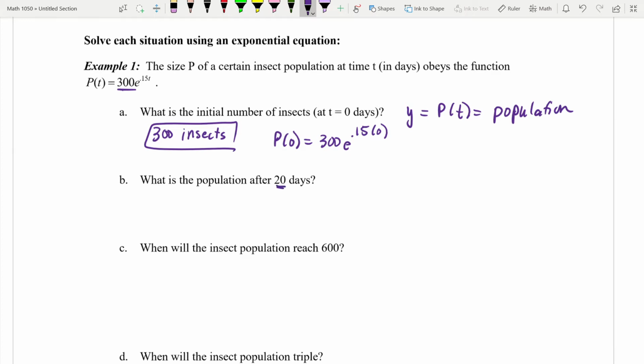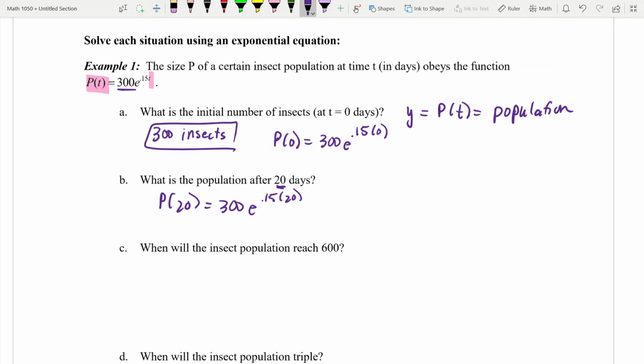Okay, what is the population after 20 days? So guys, everybody look right here. The 20 is either going to go right here for t, or it's going to go right there for P of t. Well, P of t is the population, so it wouldn't go there. It's got to go into t. So everybody go P of 20 is equal to 300 times e to the 0.15 times 20. Okay, now grab your calculator.